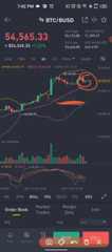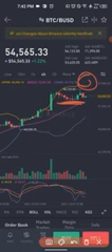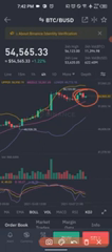The question is, how many percentage profits do you want? So do I want 10%? 10% simply means the price now is 54,005. If it goes higher by 10%, the bot will sell off by itself and take the profit for me. So meaning 10% of it, 4,000, will be about 5,400 thereabouts. So if the price of this Bitcoin increases by 5,400, which is a 10% increase, then the bot will sell the given position I have opened here.